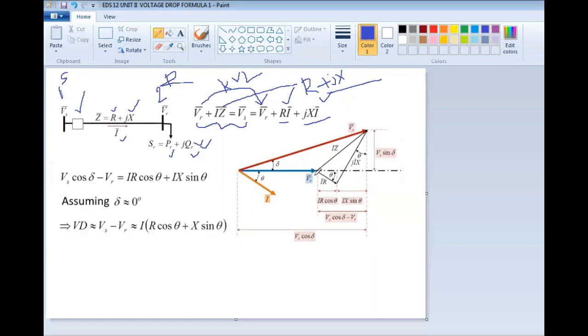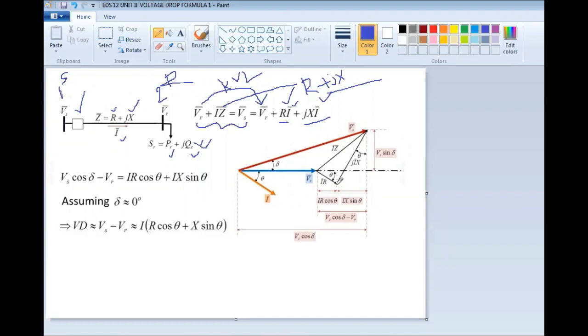And for this, draw the resistive drop. To VR you have to add R I bar. The resistance drop is in phase with the current I bar, so from this point you draw one phasor parallel to I bar.